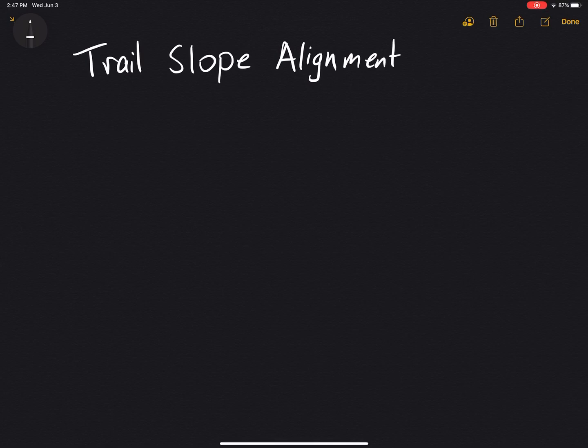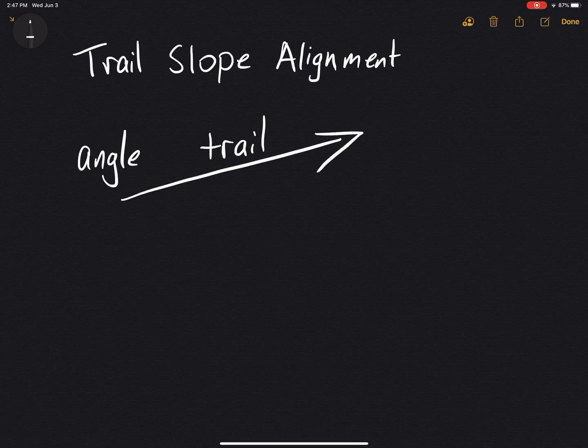Trail slope alignment is a very simple thing in its most basic concept. What is the angle between the direction of the trail, let's say it's running this way, versus the angle of the landform?